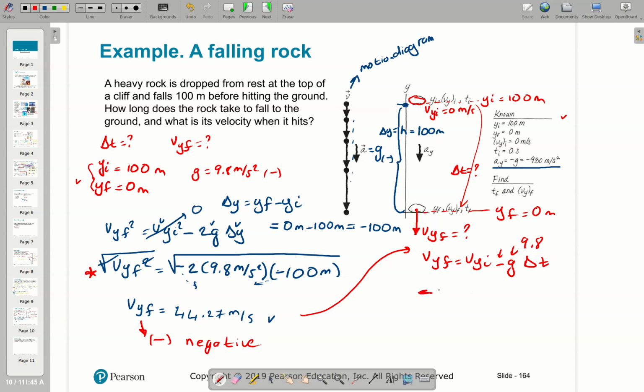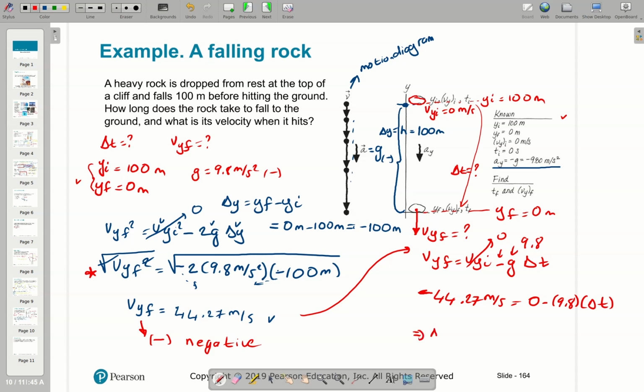So minus 44.27 meters per second is equal to 0, this one is 0, minus 9.8 times delta t. And I can drop these minuses here because minus on the left, minus on the right, minus divided by minus will be plus.